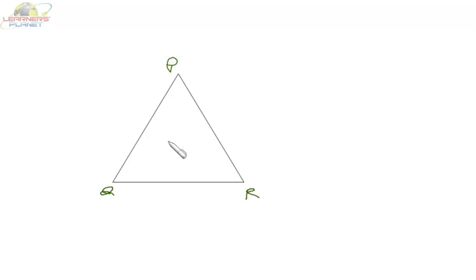Suppose we have some points, maybe A, B, C, X, Y, Z. So A, B, C are the points which are lying in the interior region of the triangle, and X, Y, Z are the points which are lying in the exterior region.